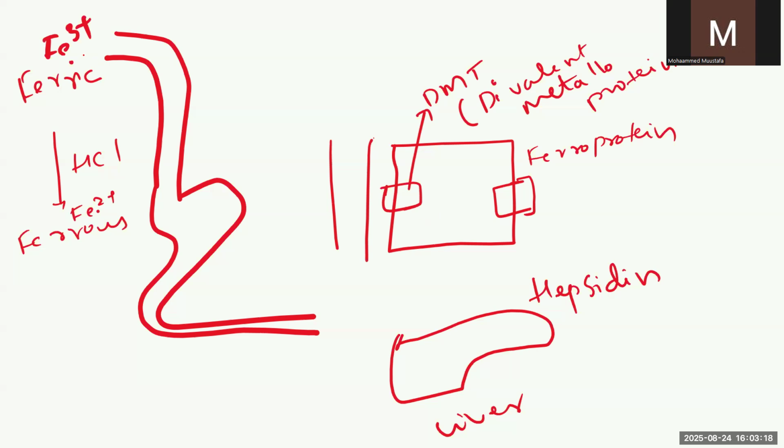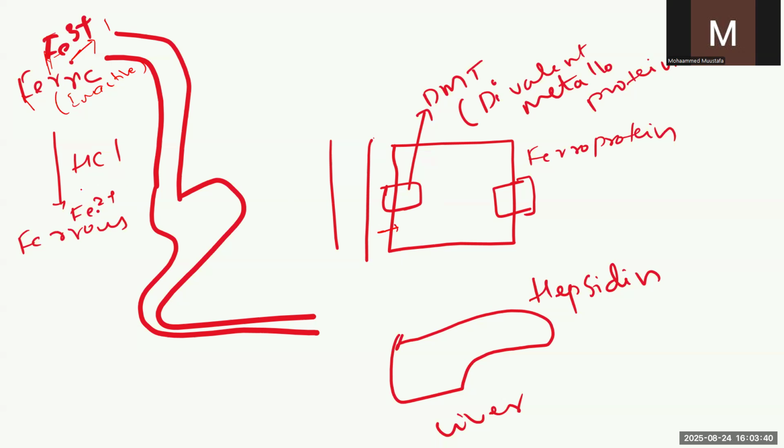As we take iron in the form of food, it is present as Fe3+, that is ferric, which is inactive in nature. So it has to be activated in order to be absorbed in the tissue.